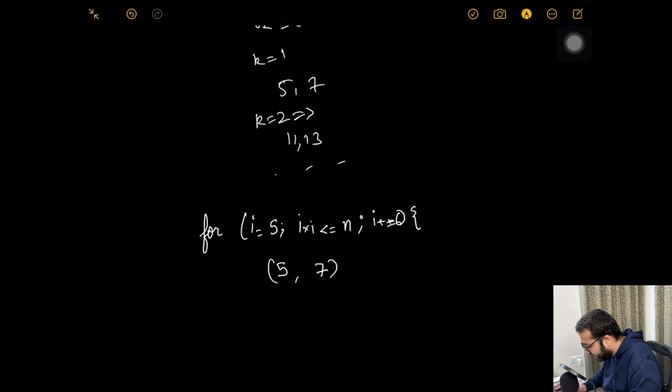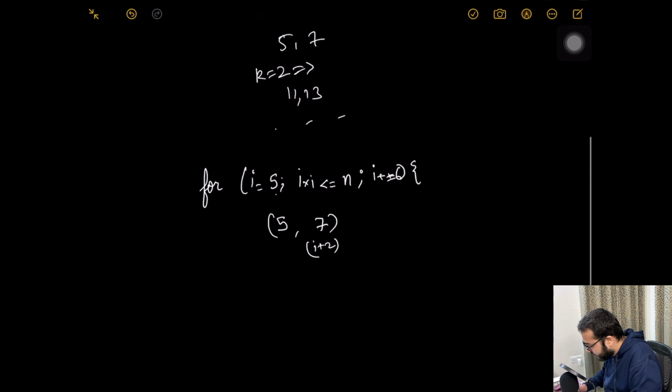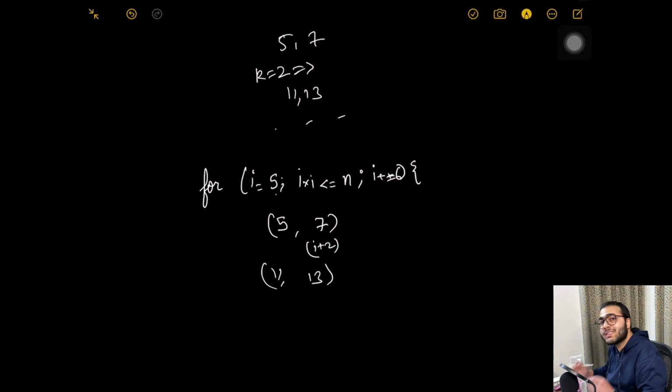How? i is 5, or i plus 2. Similarly, then we go to i plus 6 and it becomes 11, or 11 plus 2, which is 13. So that's how we check for all the numbers in the range 5 to square root of n. But now we are specifically dividing the number with the prime number itself, right? So this is a good logic, a slight optimization over the logic that we already have. Now, in the next section, we are going to implement this problem.